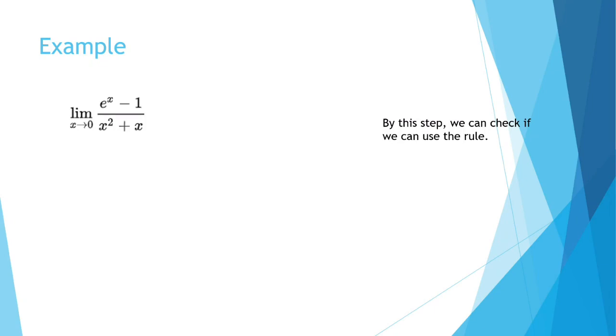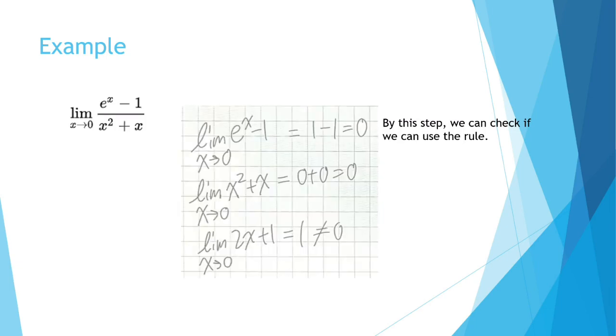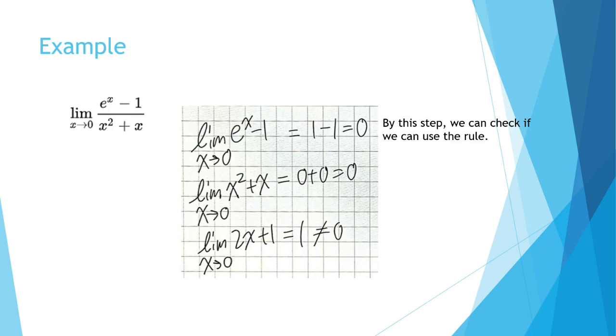So, how do we solve our first example? We need to check if we can use the rule first. The limit as x approaches 0 of e to the power of x minus 1 equals 1 minus 1, which equals 0. The limit as x approaches 0 of x squared plus x equals 0 plus 0, which is equal to 0.